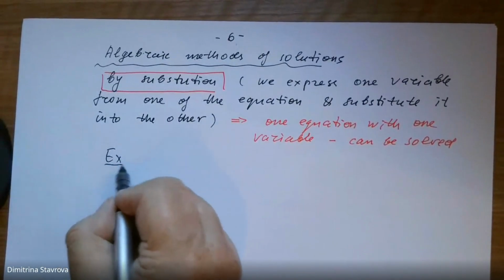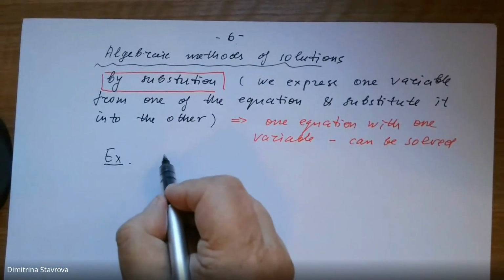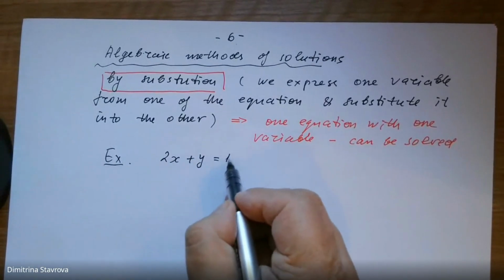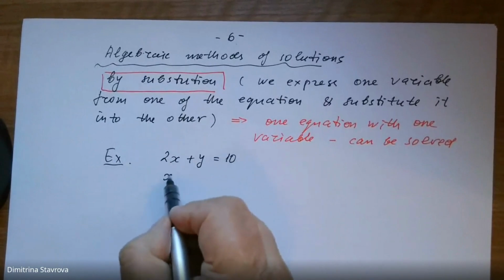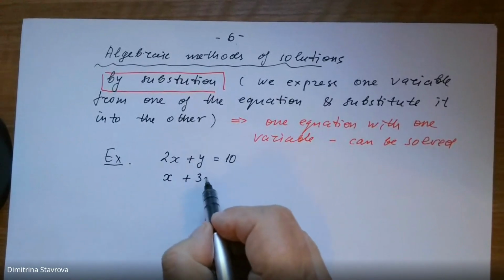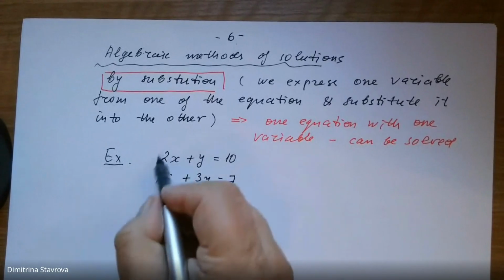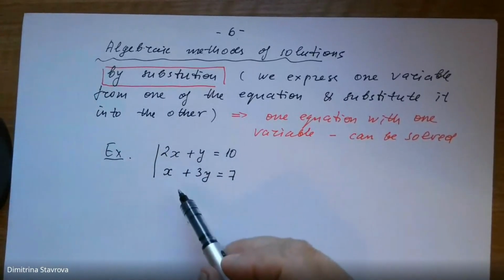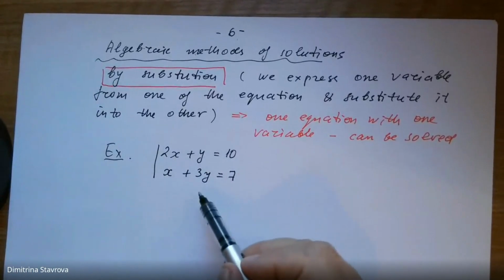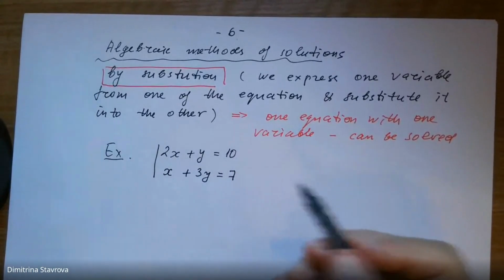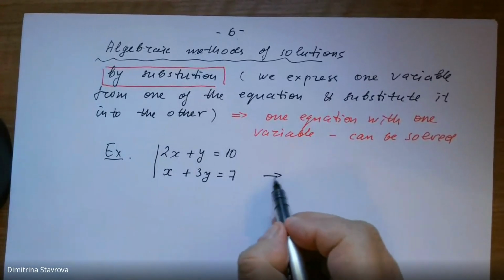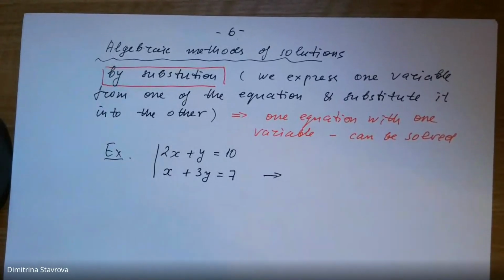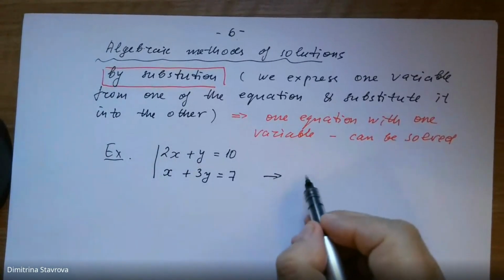So we consider the following example. 2x plus y equals 10 and x plus 3y equals 7. It doesn't really matter from which equation we express the variable. I would choose, just for the sake of variety, the second one.